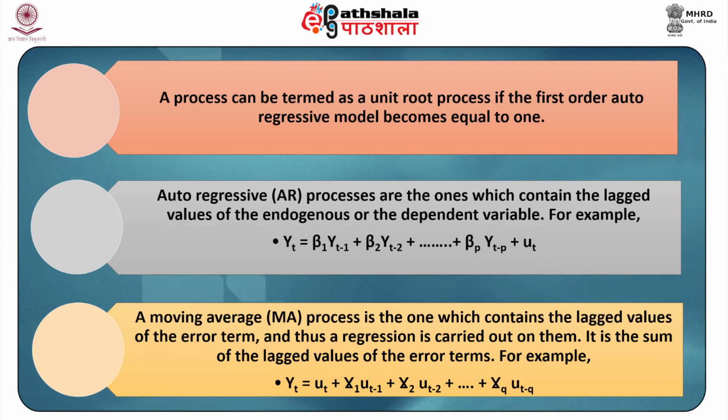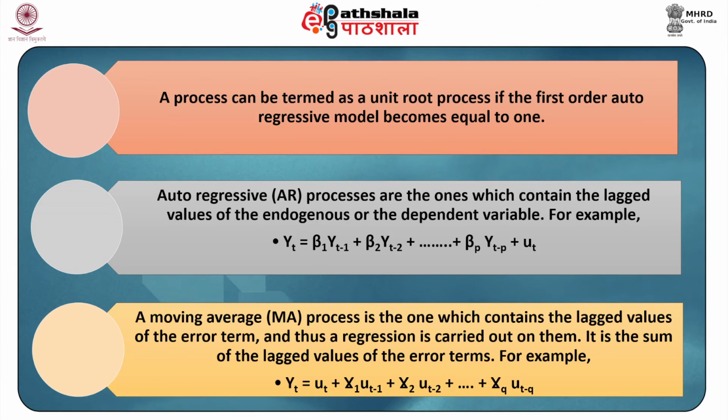However, this series can be extended and we may have an autoregressive process of order p, which could be denoted as ARP. I am sure you would recall how we have seen that this series can be expressed as yt equal to beta 1 yt minus 1 plus beta 2 yt minus 2, so on till beta p yt minus p plus mu t, and we have defined this process as ARP, where the order is p.